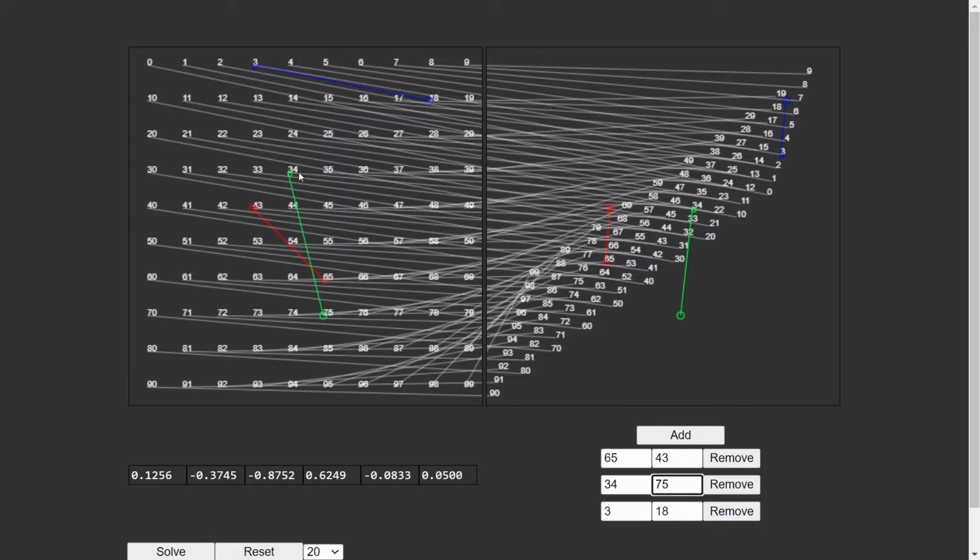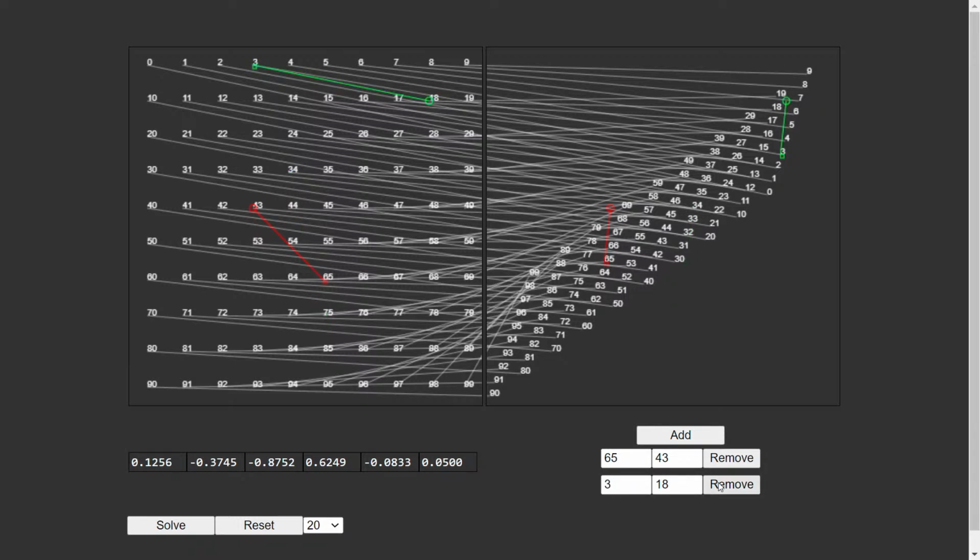These are integer labels of 2-dimensional points, just to be clear. I want to remember these numbers. Whoops, I accidentally clicked the button, but that's fine. It was 34 and 75.